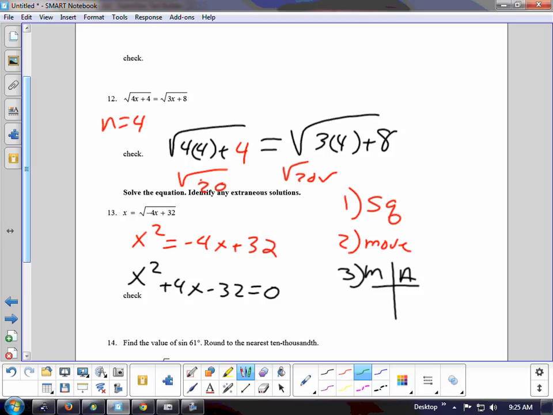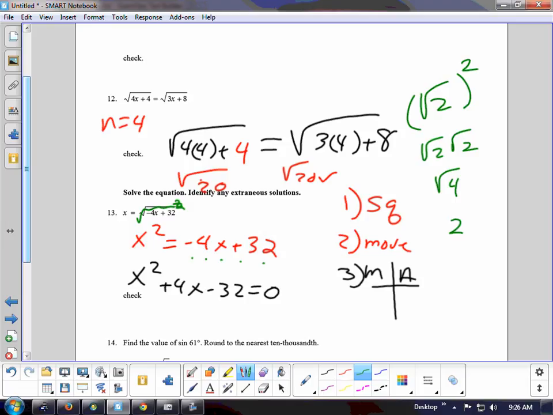Just like if I square radical 2, I would get radical 2 times radical 2, which we don't write as radical 4. We just go right to 2. So the same thing happens here. When I square, this cancels out, and you're left with what's underneath. However, there's no square root on this side, so you have to square the x.